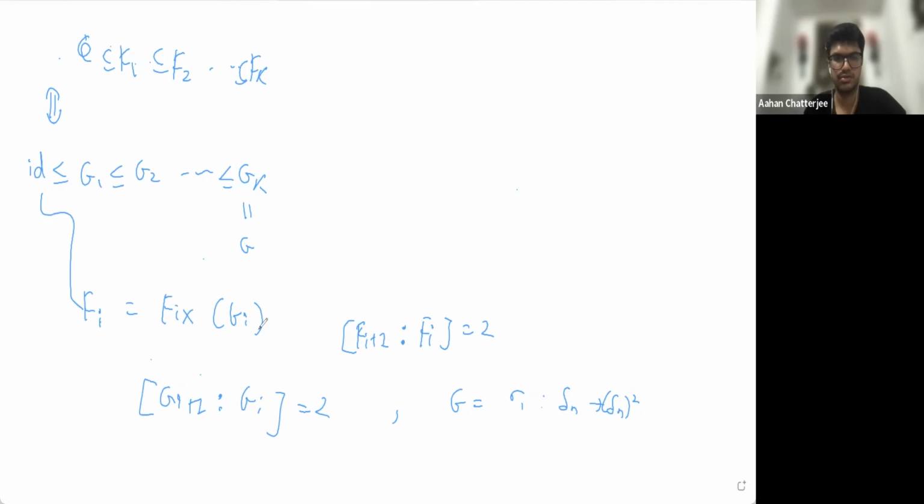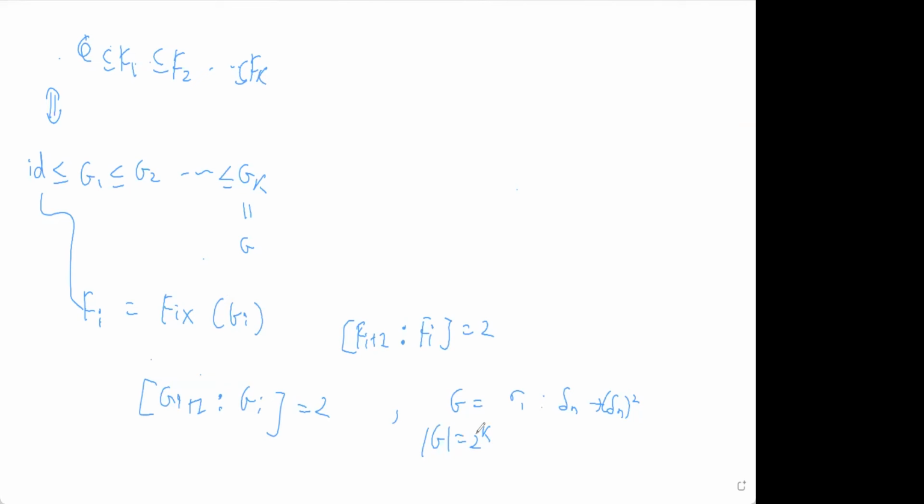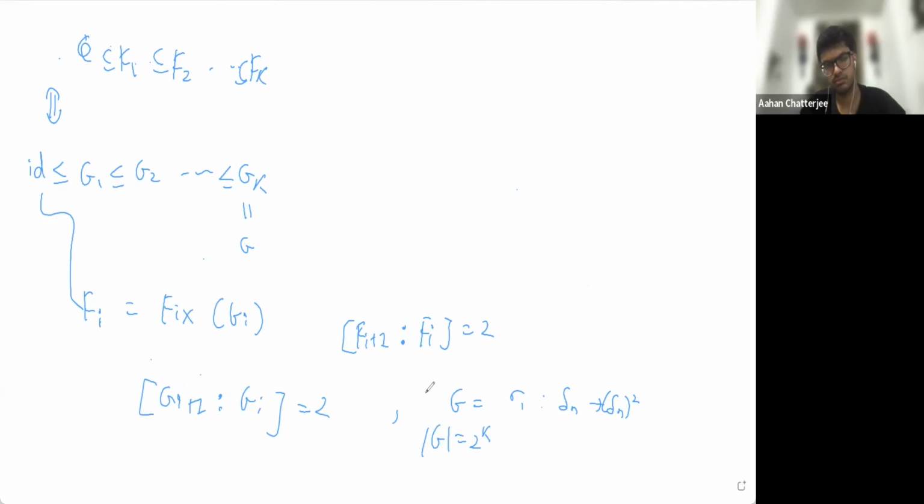So everything here is generated by this isomorphism, and so this is very easy, because G is basically a cyclic group, and the size of G is a power of 2. Is this fine?